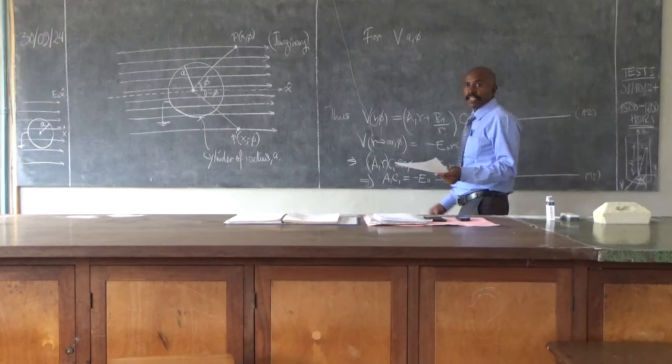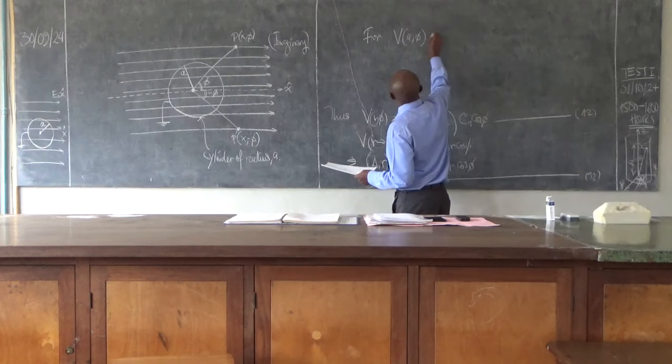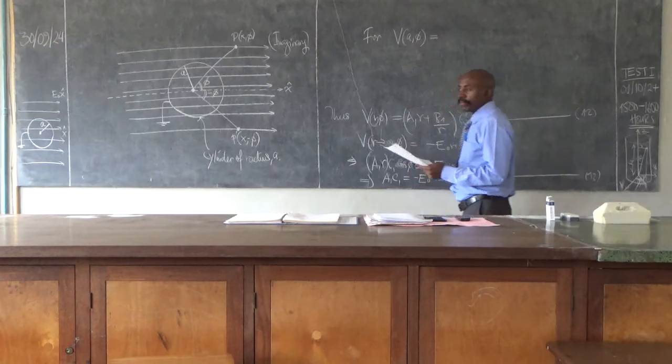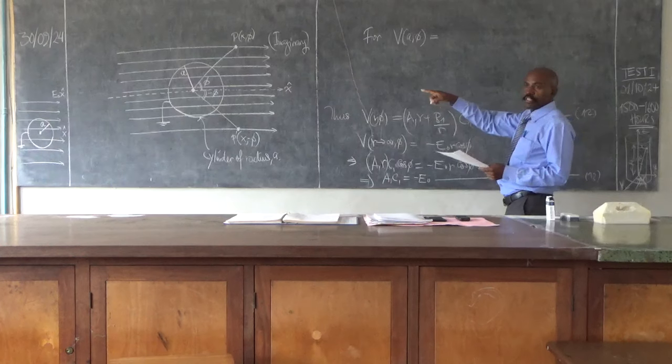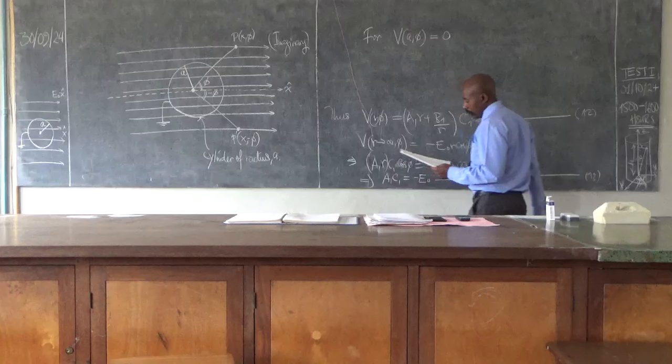For V(A, phi), that is at the surface of the cylinder, we said that since it is grounded, it is equal to 0.